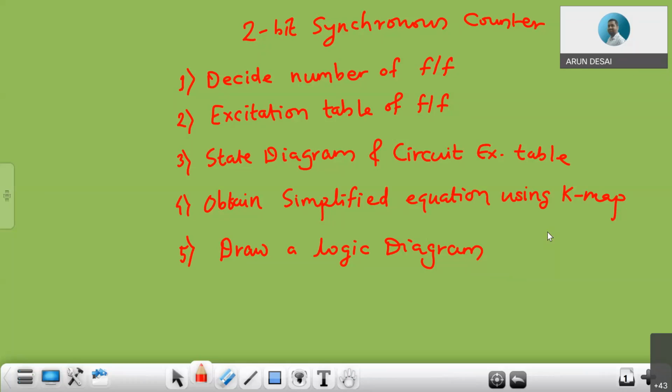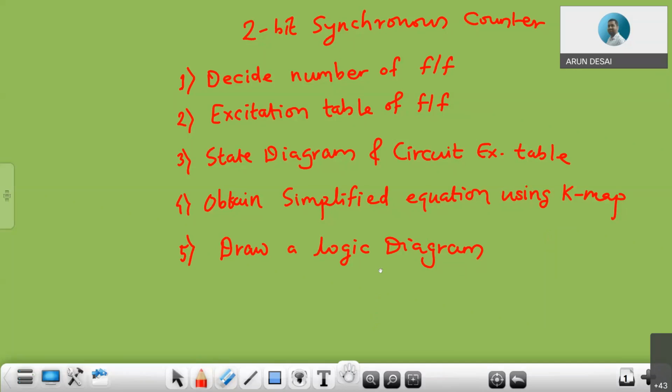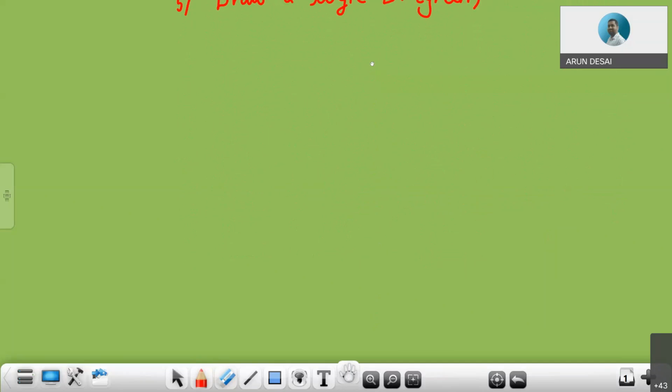And what are you using for that? You are using K-map. After the simplified equations, you are going to draw a circuit diagram or logic diagram for the 2-bit synchronous counter. So let's start with the first step. What is my first step?